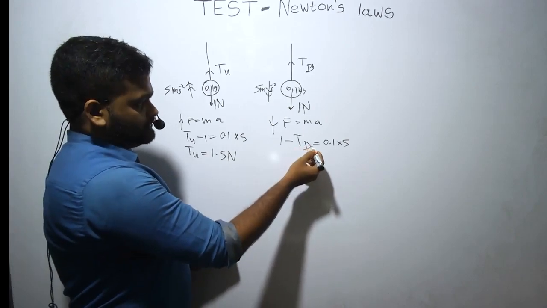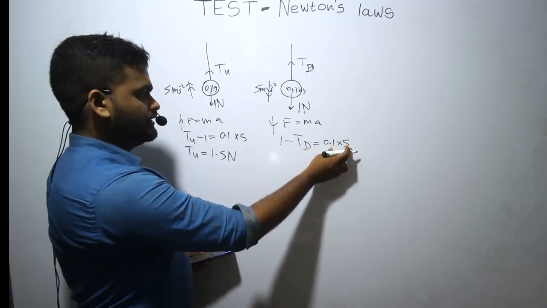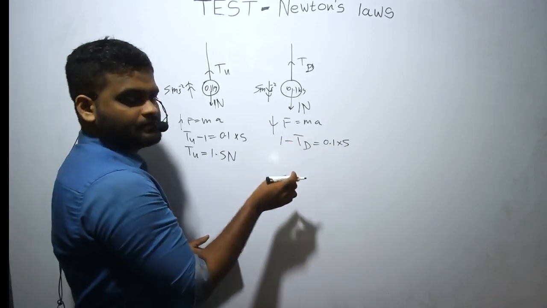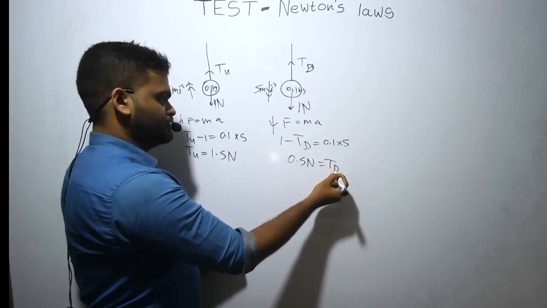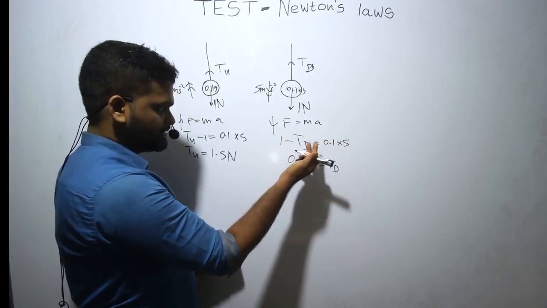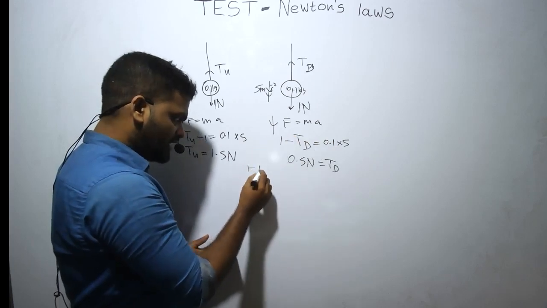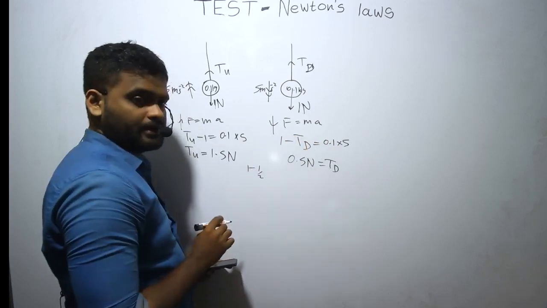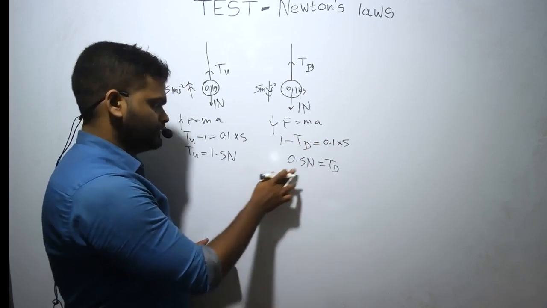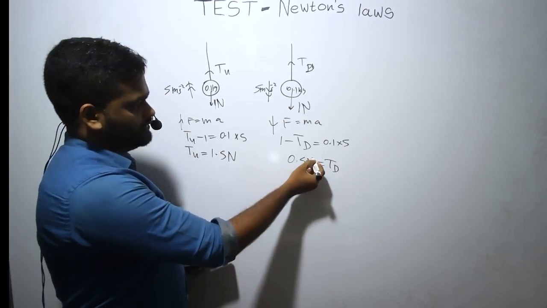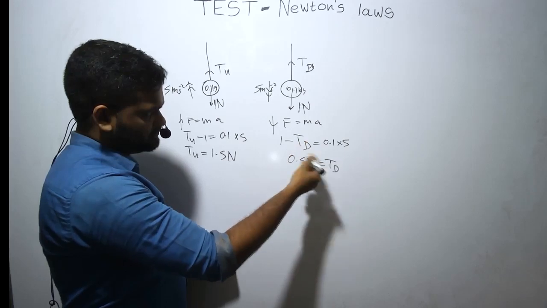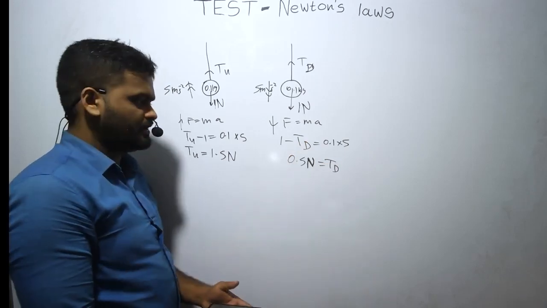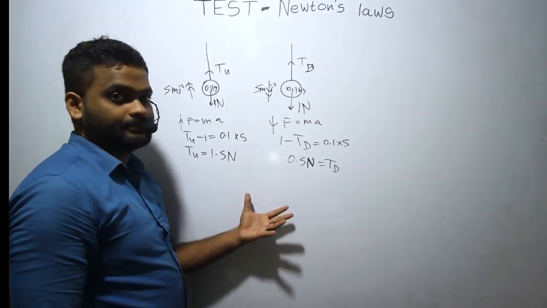So according to this, 0.5 goes to the other side, 1 minus 0.5 is 0.5. When you subtract 1 minus half, 0.5 means half, right? You get a half, so 0.5. I have seen students struggle with these kinds of simplifications as well, wasting time.